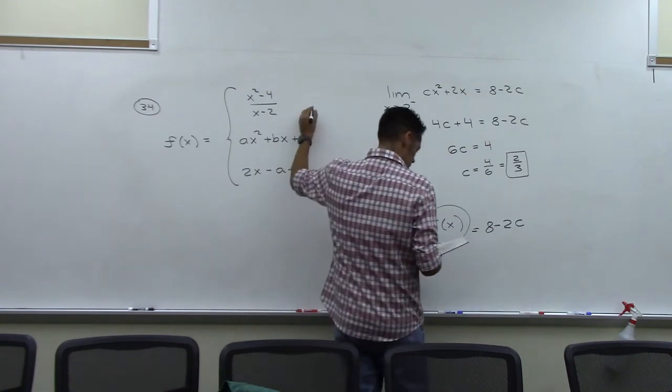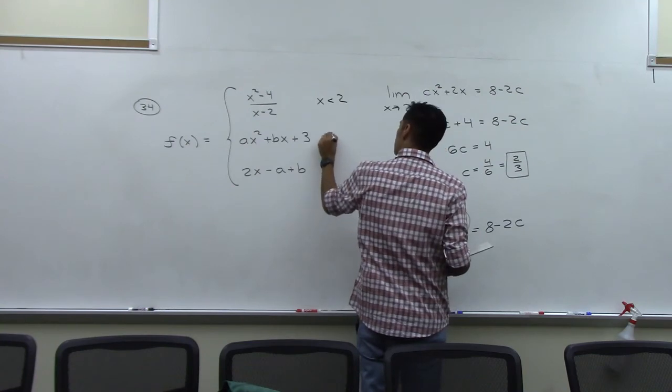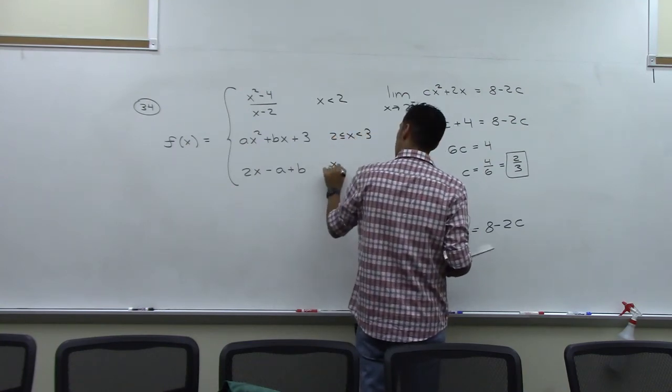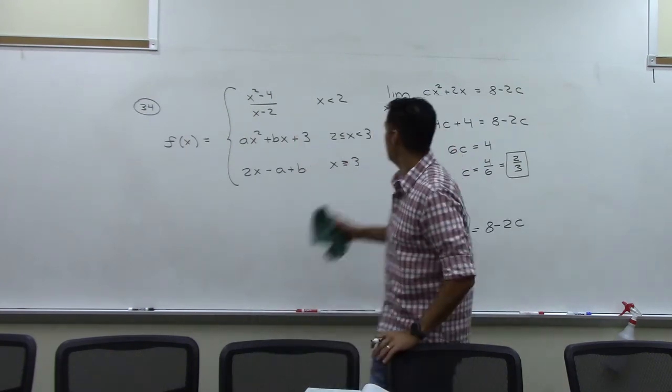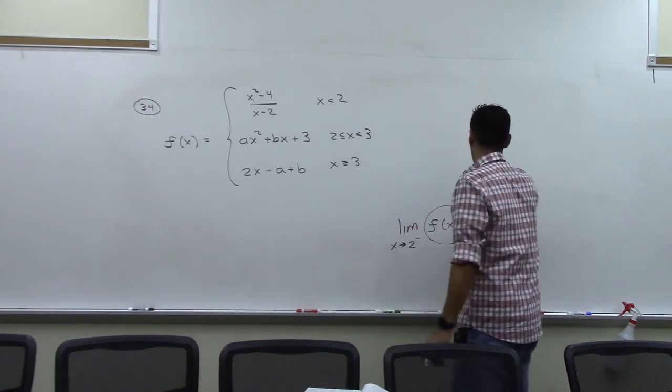The first is if x is less than 2. This is if 2 is less than or equal to x is less than 3. And this is if x is greater than or equal to 3. All right, so it's the same exact thing that we just did, except there's 3 pieces instead of 2 to this piecewise function.